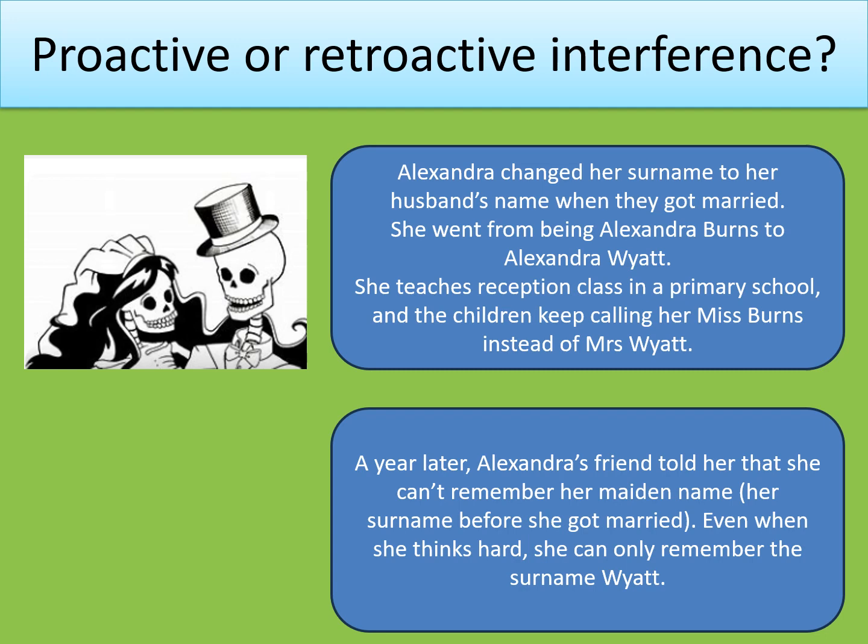And then the second one is retroactive. Her friend has come to know her now as Mrs. Wyatt, and even when she thinks really hard, the name Wyatt is blocking the memory of her maiden name, which was Miss Burns. So she can't recall the maiden name. That's retroactive interference: the newer memory of Wyatt is interfering with the older one of Burns.